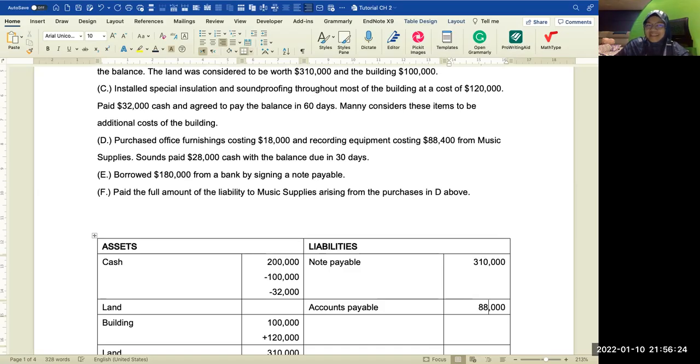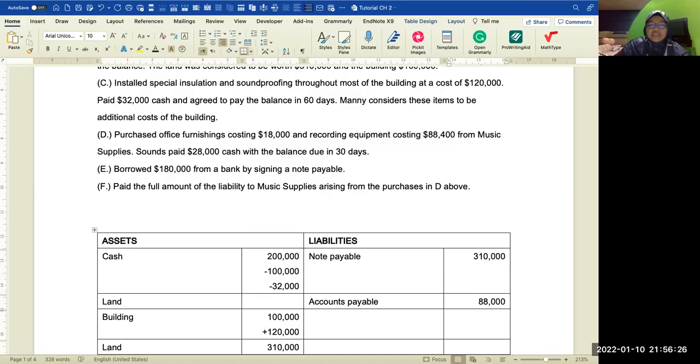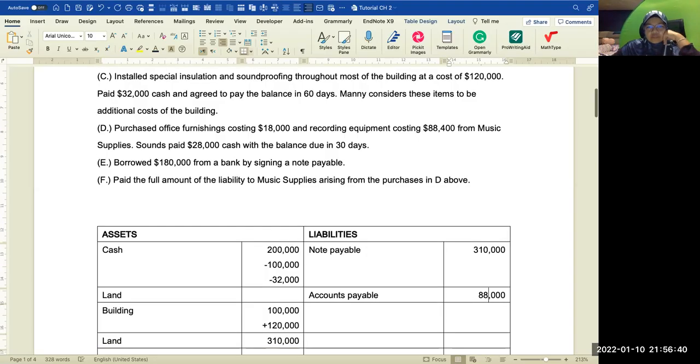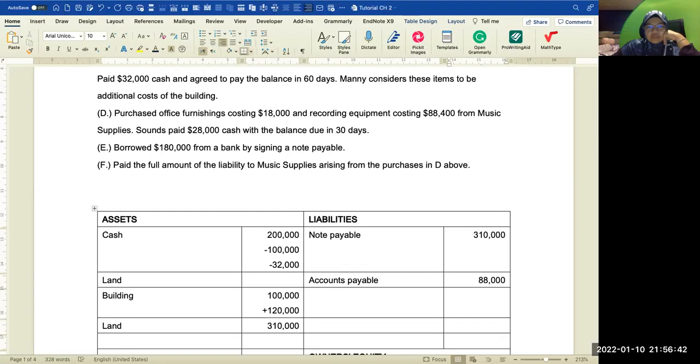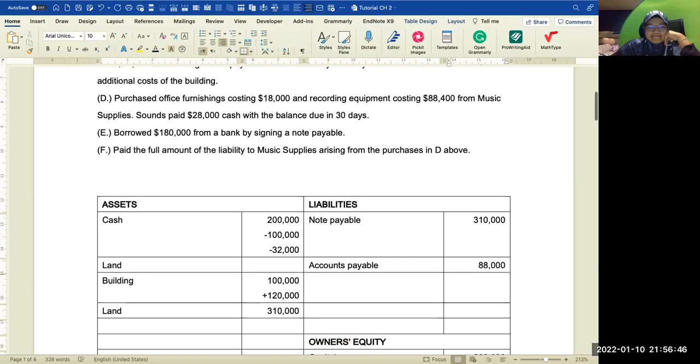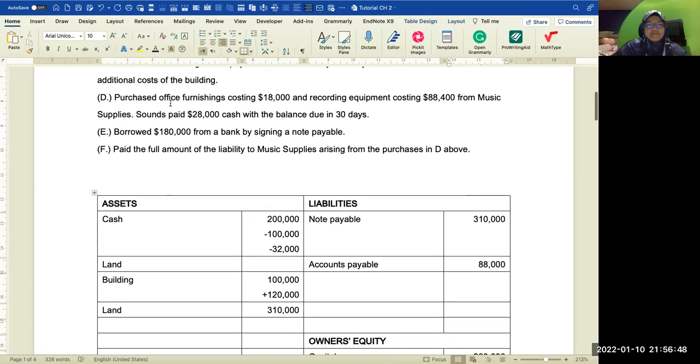Okay, I'll try. Purchase office furnishing costing 18,000, recording equipment costing 88,400, from Music Supply Sounds. Paid 28,000 cash with the balance due in 30 days. All right, what do you have here? Wait for a while.